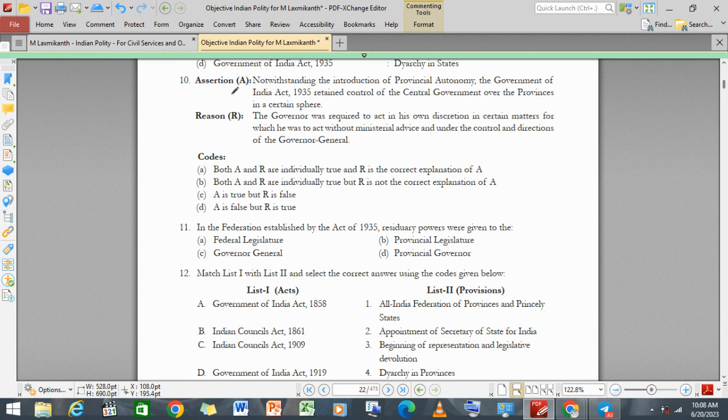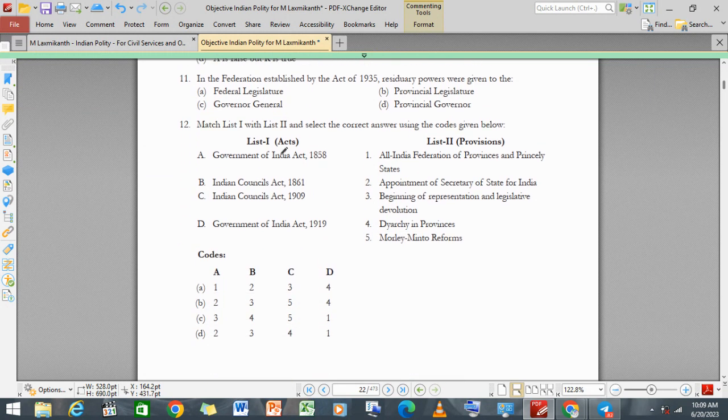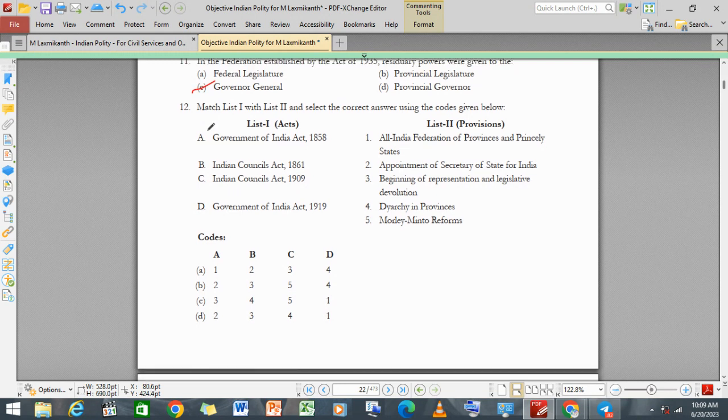So this is the assertion, this is the reasoning, and it is quite correct. So I believe A is the answer, right? Now, 11. In the federation established by the Act of 1935, residual powers were given to the Governor General, right? So Governor General is the answer.